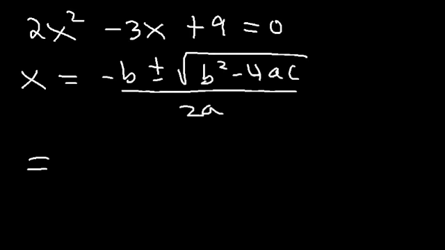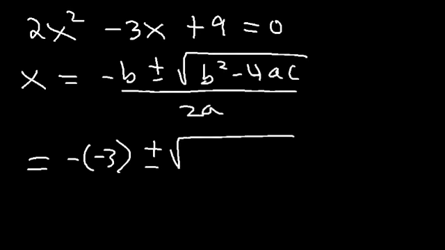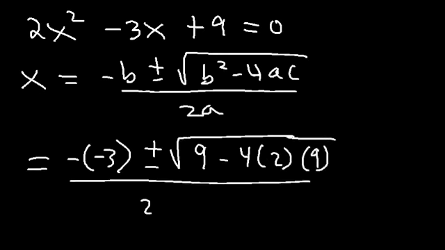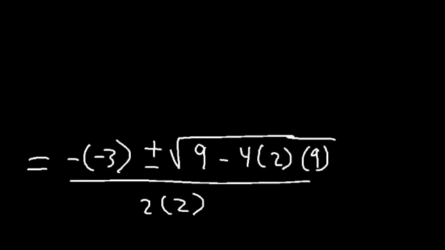So in this problem, b is negative 3. So b squared, or negative 3 squared, that's going to be 9. a is 2, and c is 9, divided by 2a, or 2 times 2. So negative times negative 3 is positive 3.